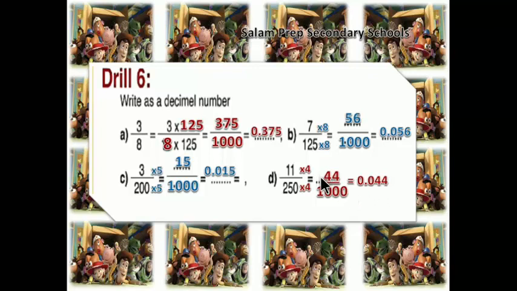There is no digit here, okay? So we will put 0 in tenths. The answer is 0.044. The answer is 44 thousandths.